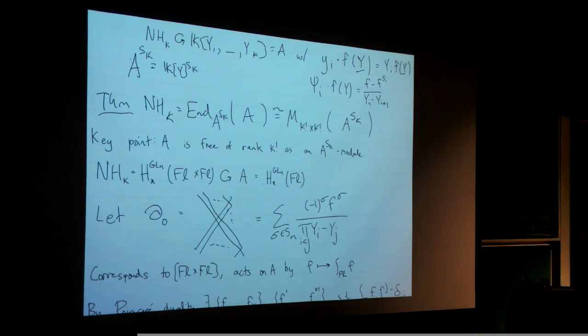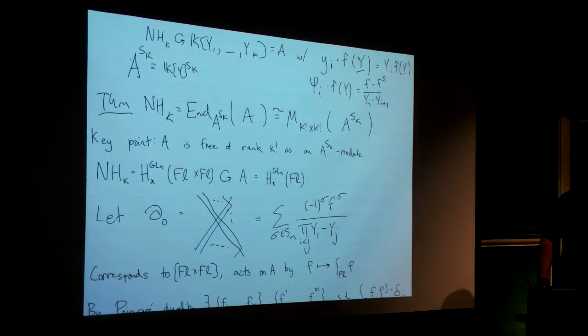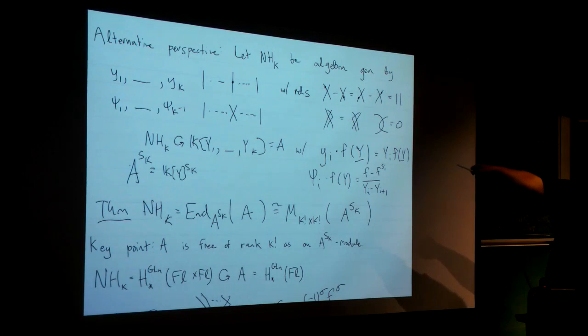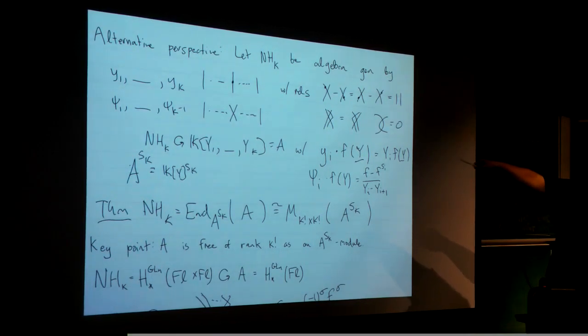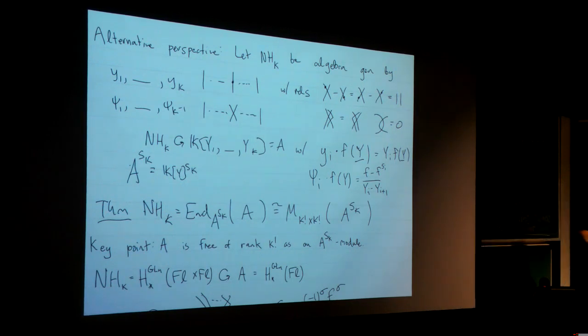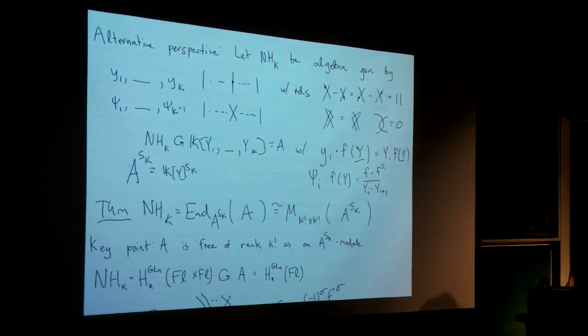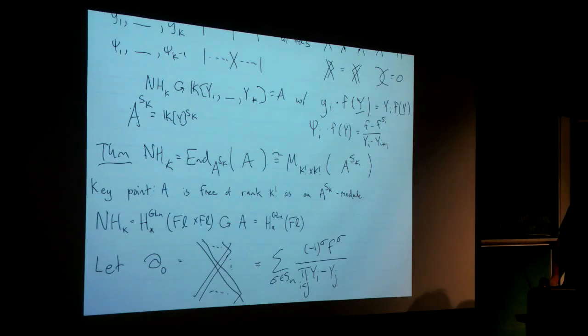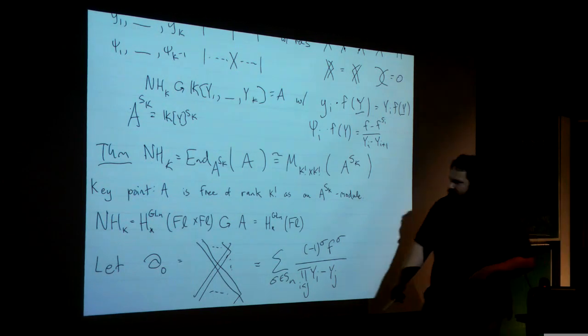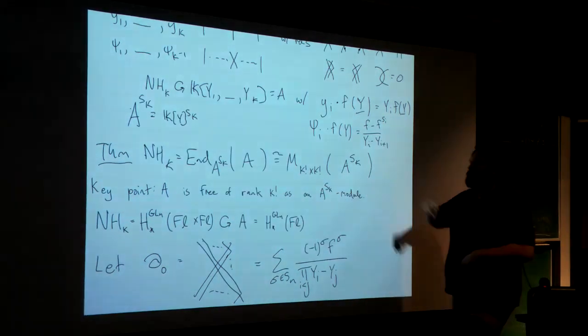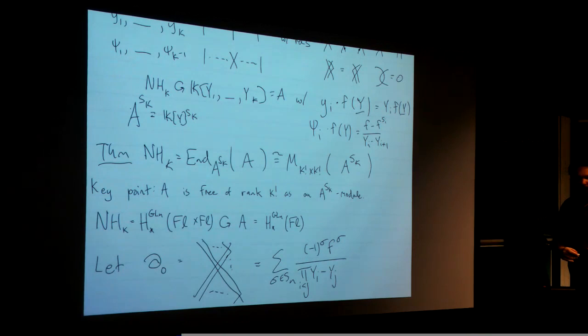The way I prove this is that when it acts on A, A is a free module of rank k factorial over the symmetric polynomials, and the nil-Hecke algebra is the full endomorphism algebra of that free module, which is why it's a matrix algebra. So that gives me a Morita equivalence between NH and the symmetric polynomials.